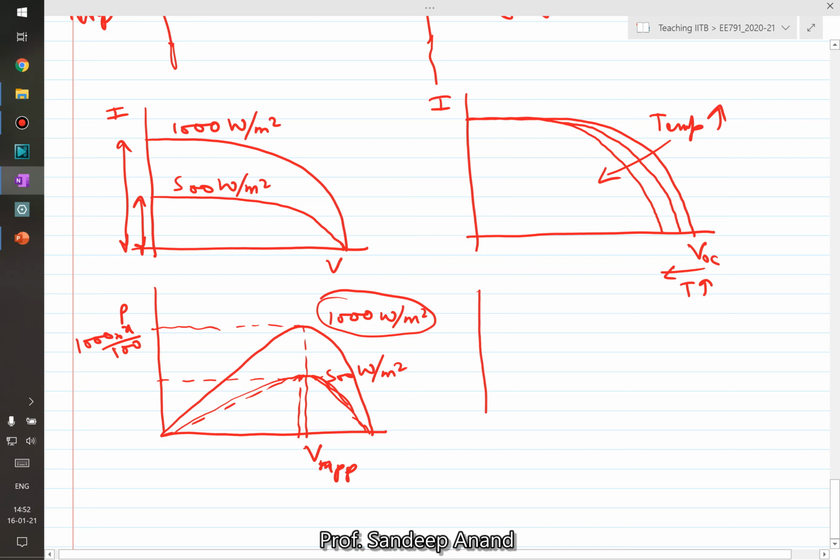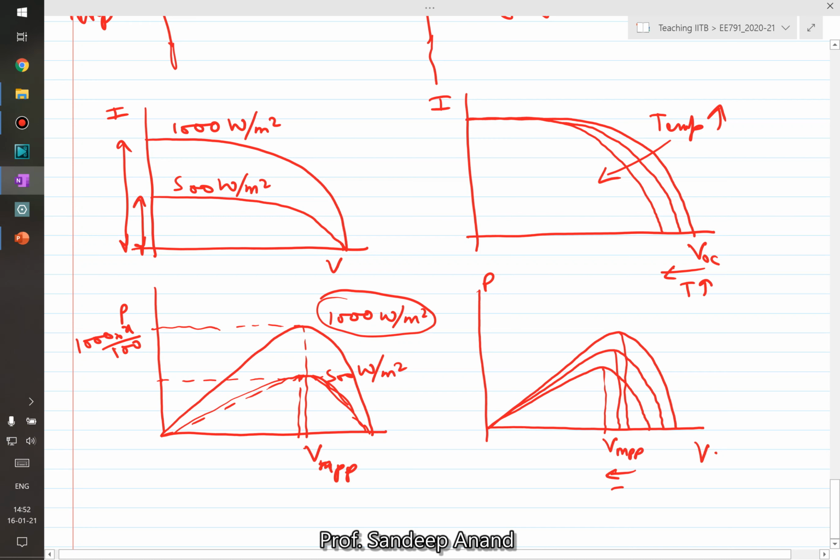On the other hand, in the right hand side scenario, if I draw P versus V, you would realize that the power is reducing and so does the MPP voltage. So there is a significant shift in the MPP voltage as temperature increases.